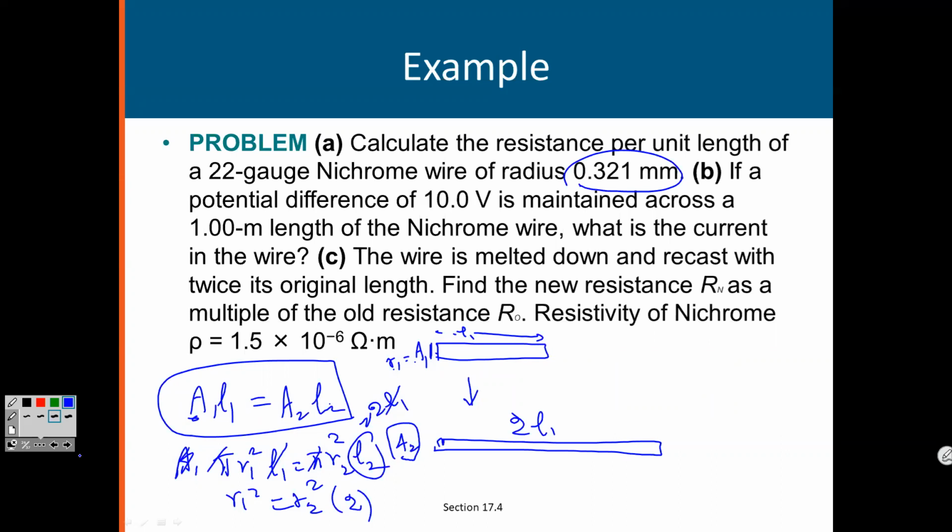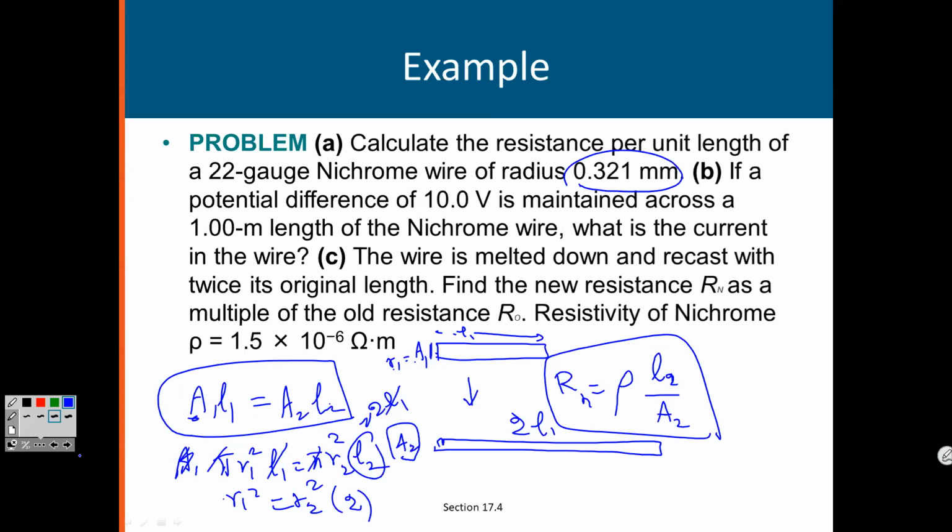What is the question? Find the new resistance. The new resistance will be equal to, rho doesn't change, it's the same rho, L2 divided by A2. This is the new resistance. I don't have to do all that, I don't have to make it into radius.